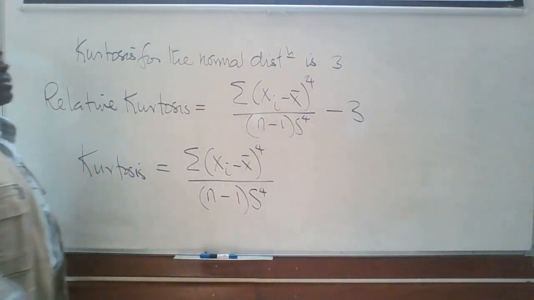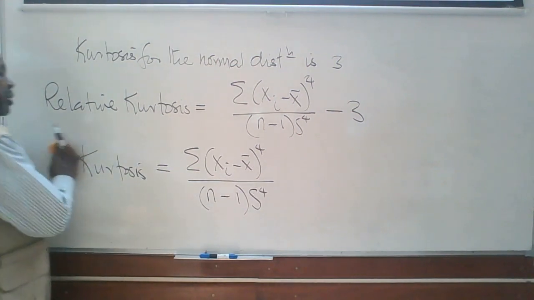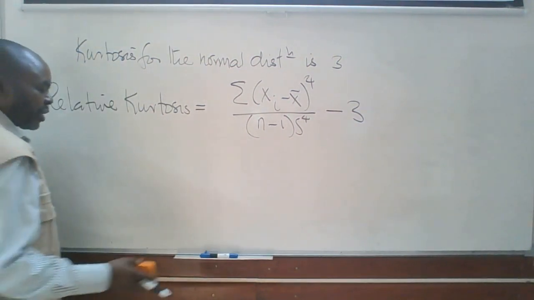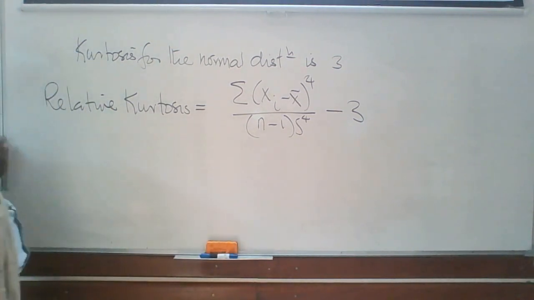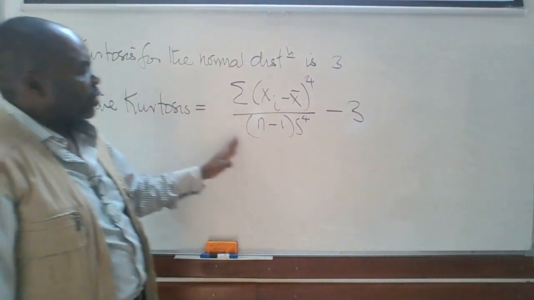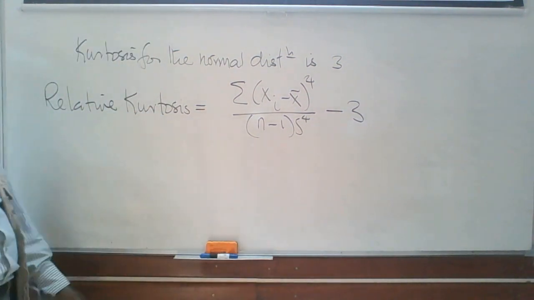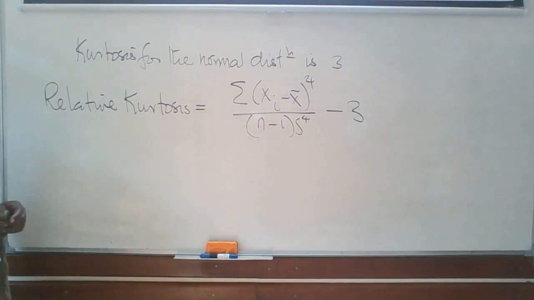In other words, we're trying to compare the kurtosis of your distribution with that of the normal distribution. If this quantity equals 0, you can conclude that your data have the normal distribution peakedness, or are bell-shaped.